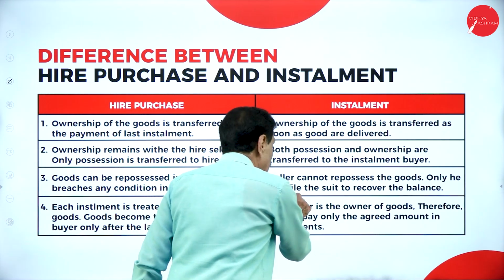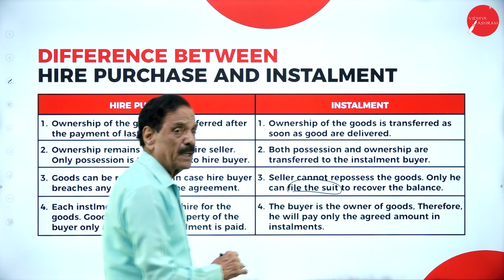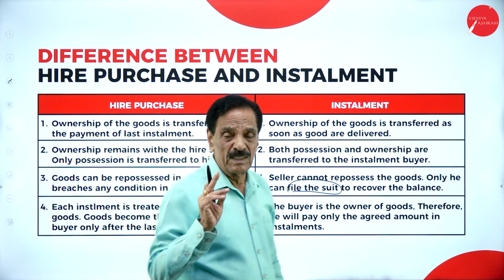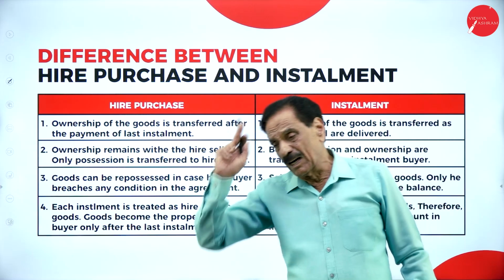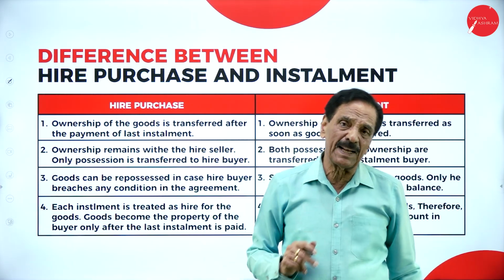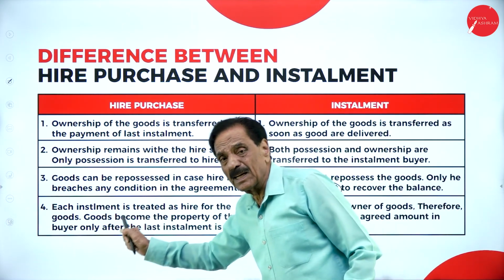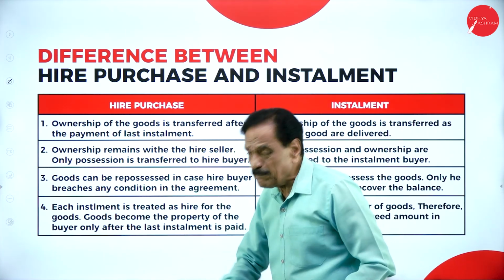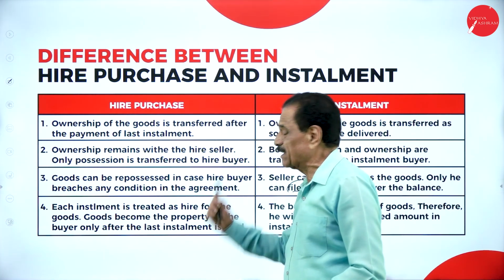Only he can file a suit. He cannot repossess, but he can file a suit to recover the balance. So he can go to a court of law and file a suit and recover the balance. Whereas in hire purchase, he can take back the goods because legal ownership is there. Here, he cannot take back the goods.